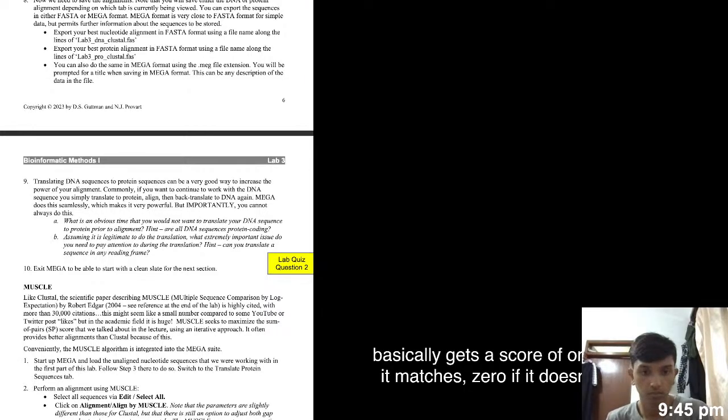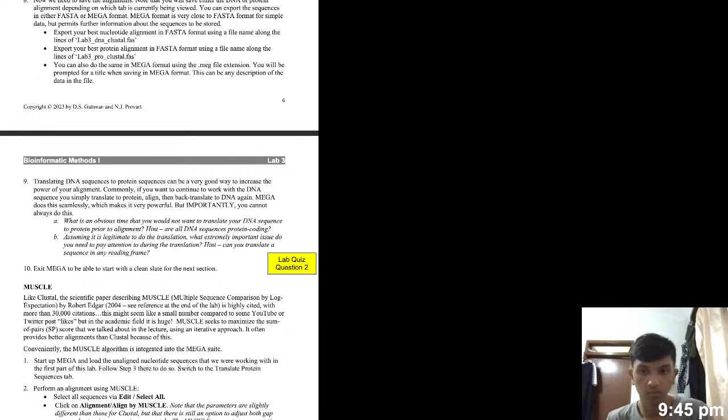Proteins have the property, or amino acids contain the properties, of being similar to other amino acids, and we can use that information to help with the alignment, and that's why we use substitution matrices.